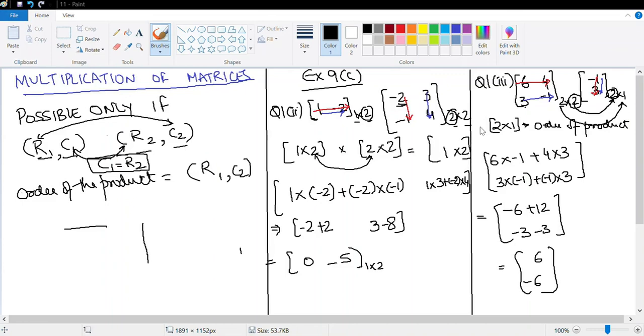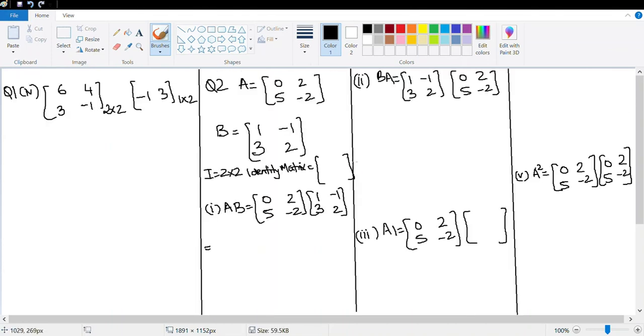The next question that we do is question number 1 part 4. It is again a 2 by 2 matrix with a 1 by 2 matrix. Let's check if they are compatible. 2 and 1 are not equal, which means they are not compatible, since column 1 is not equal to row 2.